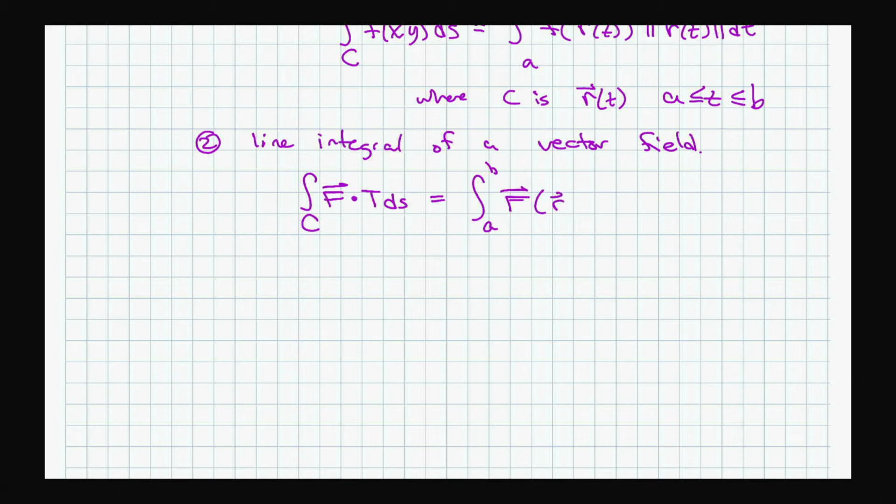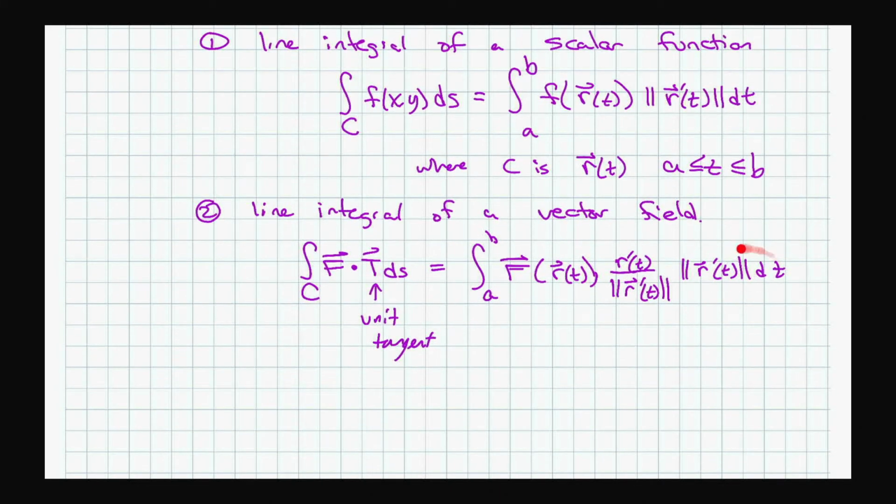Your F, you plug in the parameterization for the curve again. The T is the unit tangent, which was r prime of t over the magnitude of r prime of t to make it a unit vector. And then the ds was the magnitude of r prime again, dt. ds here is the same as ds up here.